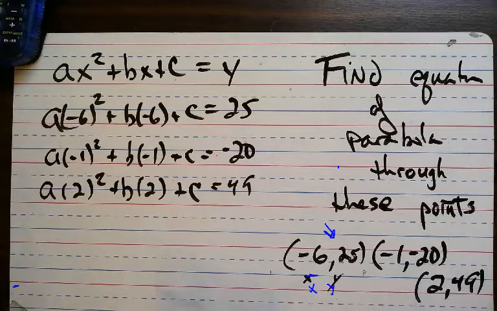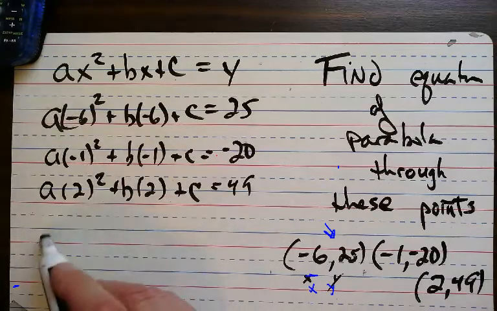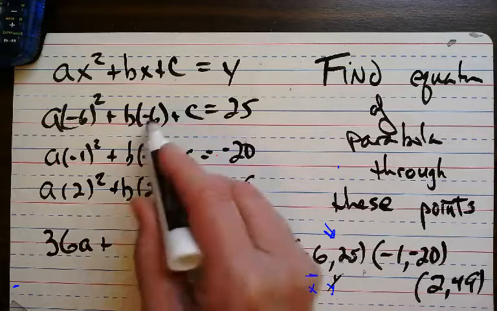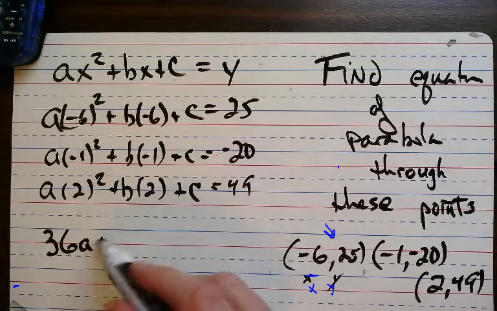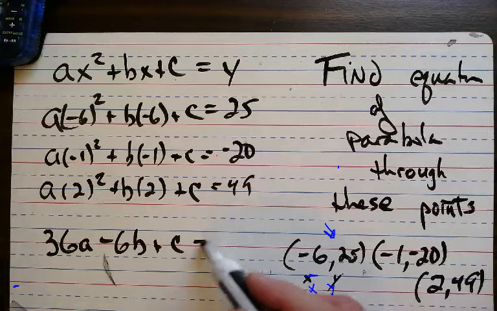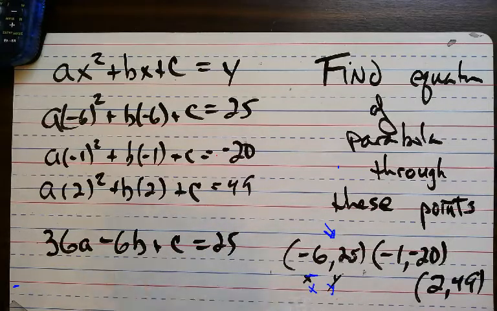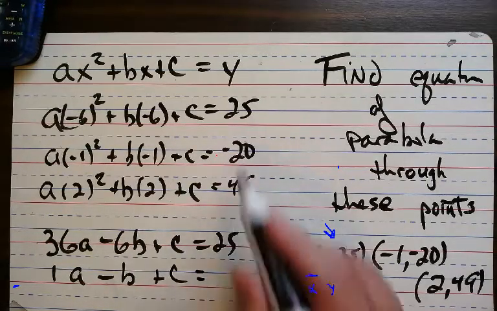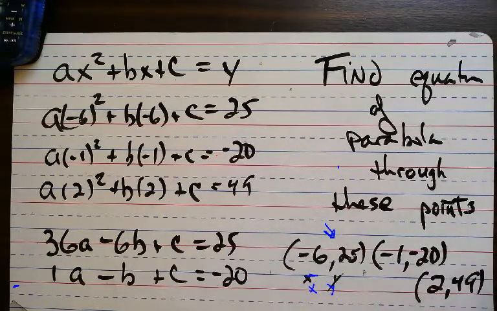Now then, I know what that is. That's 36. 36a plus minus 6b plus c equals 25. And then 1a minus b plus c equals -20.